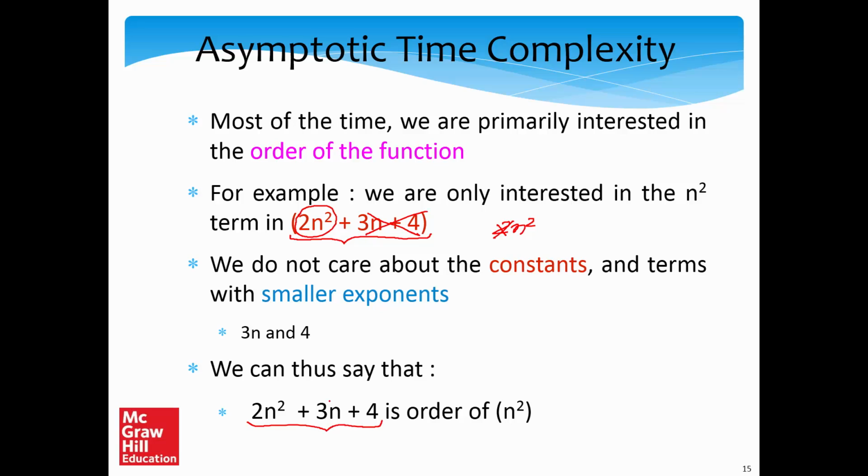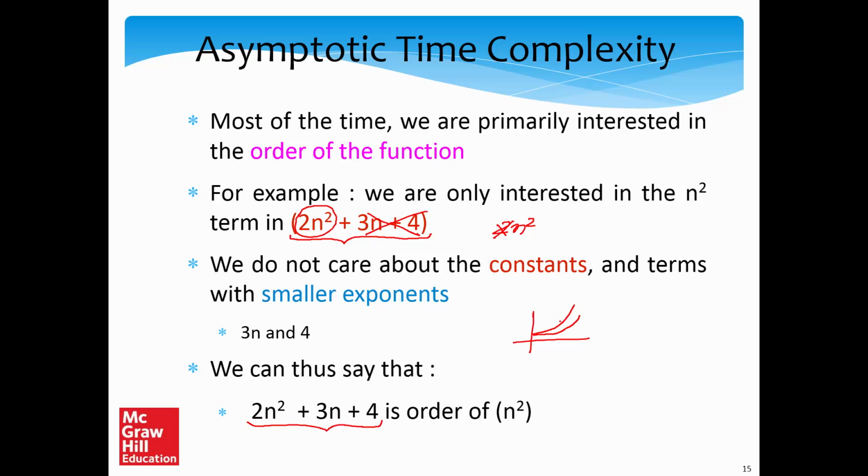The reason it is possible to say this is because we have decided to get rid of constants. The graph of this function will essentially be a quadratic graph, and n square will be something like a fraction of it. But we want an approximate representation where we don't have many constants.